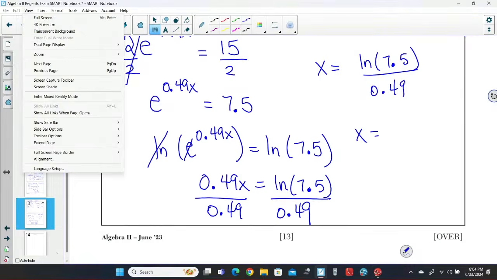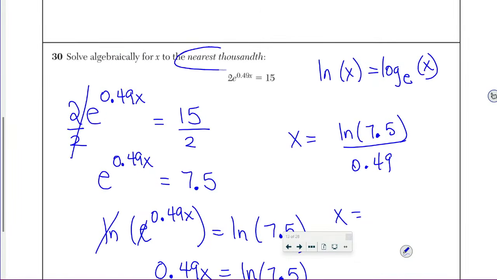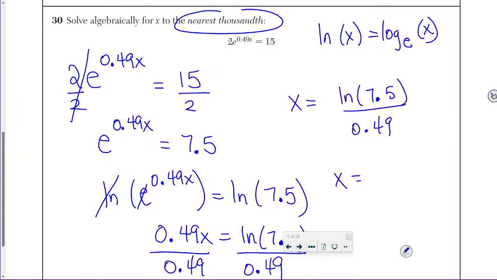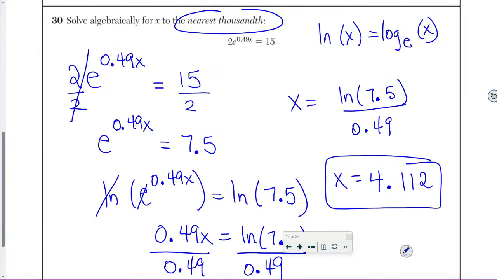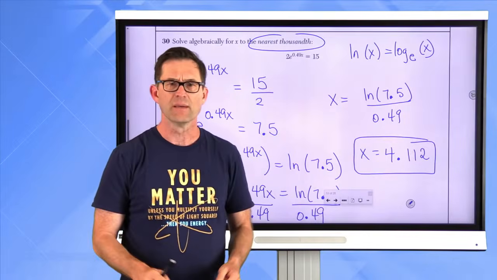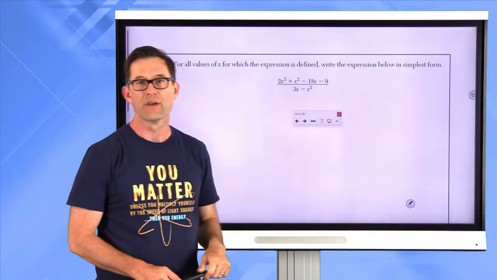We want to watch our rounding. Obviously, that's a place where we can easily lose a point. To the nearest thousandth means 3 decimal places. X will be 4.112. There it is. All right, great. Let's keep going. Nice little logarithm exponential kind of thing there.